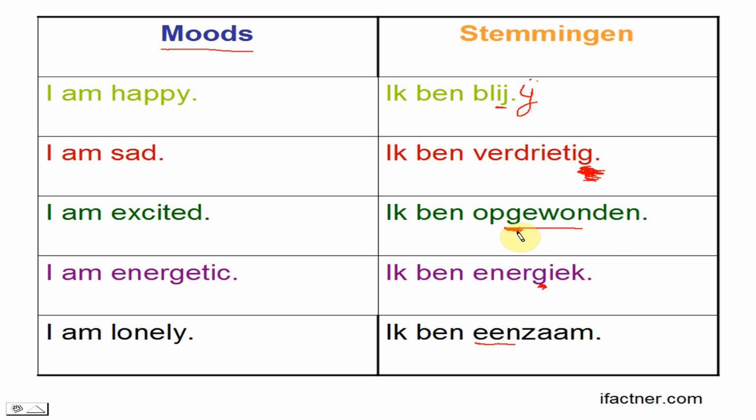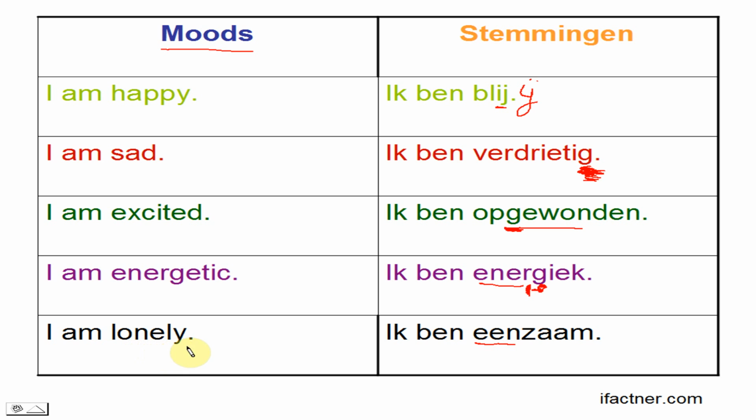Because now it's starting with G, so we are saying opgewonden. I am energetic. Yes, it's energiek. Because the second part of the word is starting with G, so it's G. Ik ben energiek.